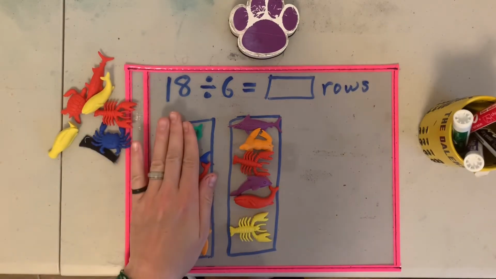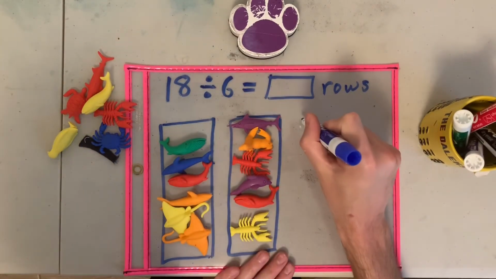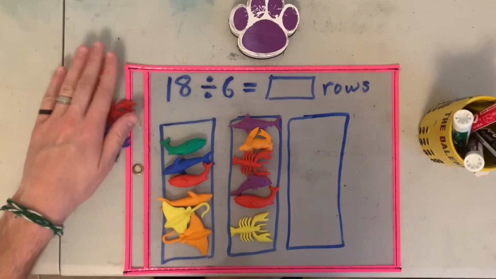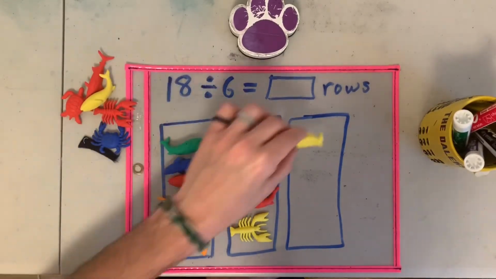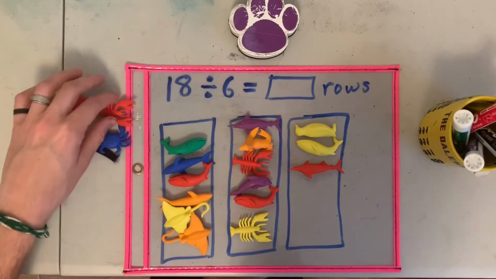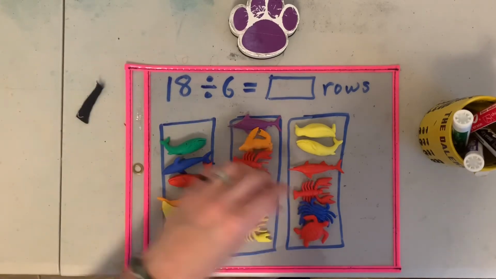So I have 6 on this row, 6 on this row. Let's make another row because I still have more flowers. 1, 2, 3, 4, 5, and 6.